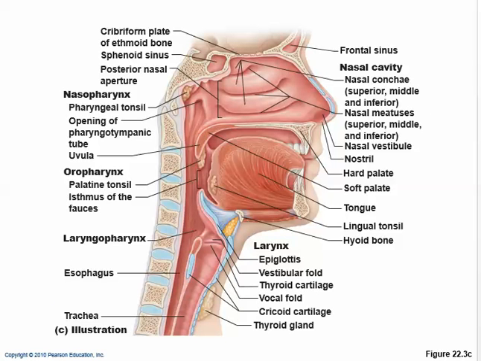In cross section, it looks like this. So this is a sagittal section. You can see that the 3 conchae, the superior, middle, and inferior conchae, end up creating some passages which are termed meatus.